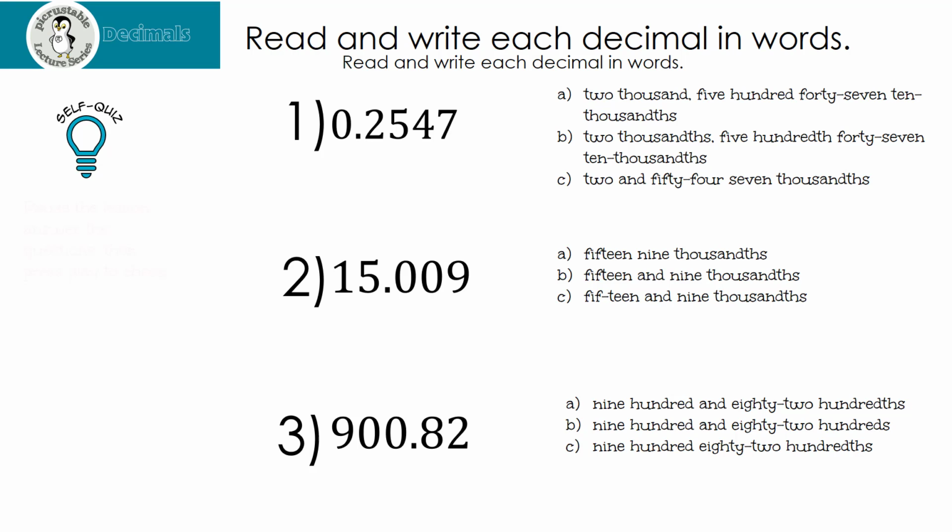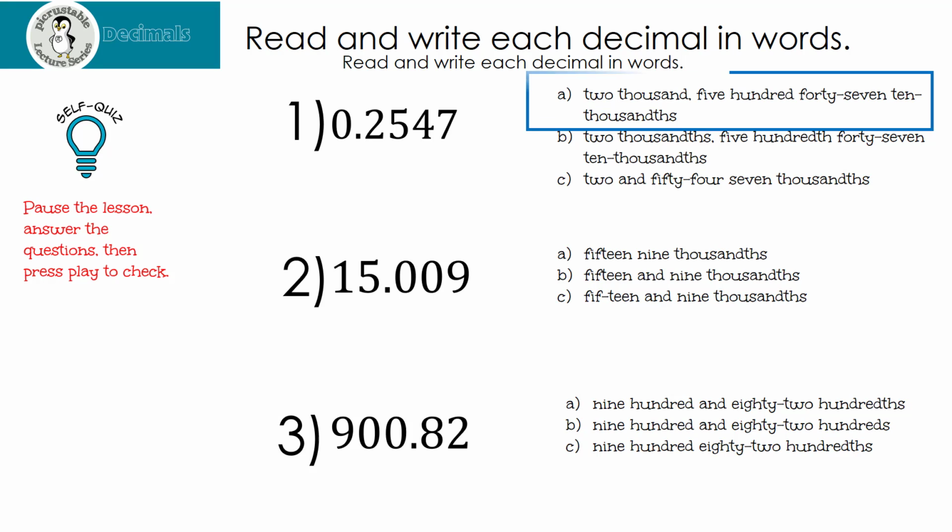Now it's self-quiz time. You're going to pause the lesson, answer the questions, and then press play to check. All right, let's see how you did. For number 1, what'd you get? Yeah, that's A. 2,547 10,000ths. Awesome. How did I know it was 10,000ths?